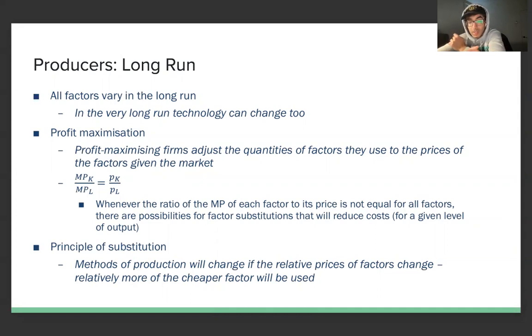And it's easier to think on similar lines as when a consumer was making a choice between consuming two different quantities of two different goods. We compare, for both labor and capital, the ratios of their marginal products to their respective prices. Again, you can take this P of K to the denominator here and this MP of L to the numerator here, and think of it as the respective ratios of what's the addition these variable factors give to the total product with respect to the price for these factors.